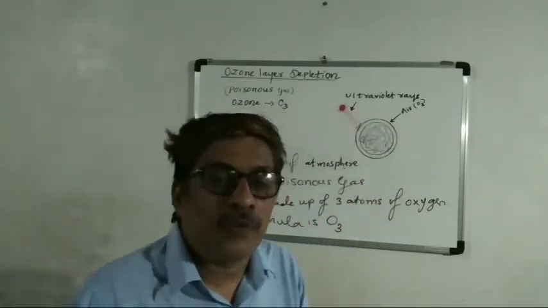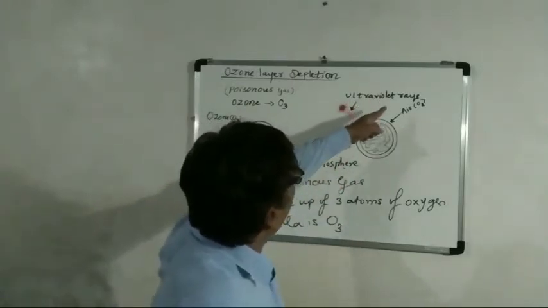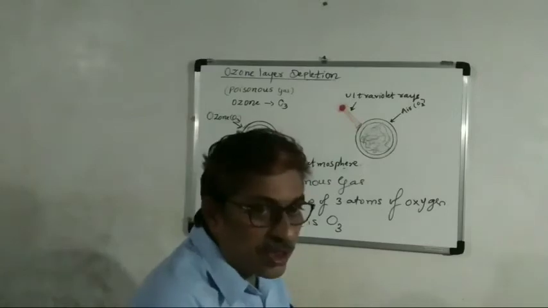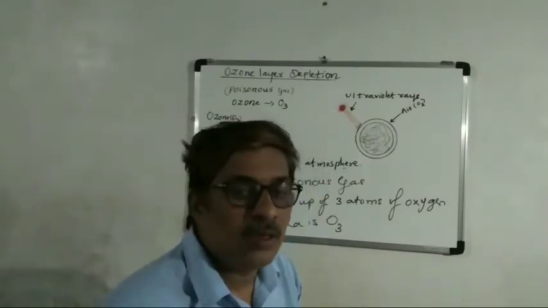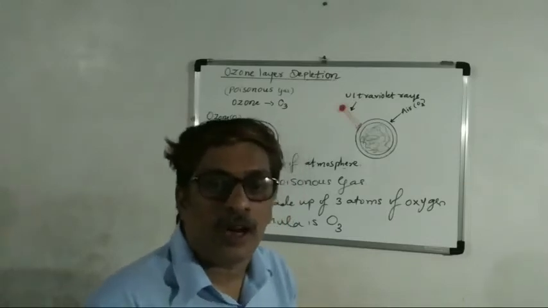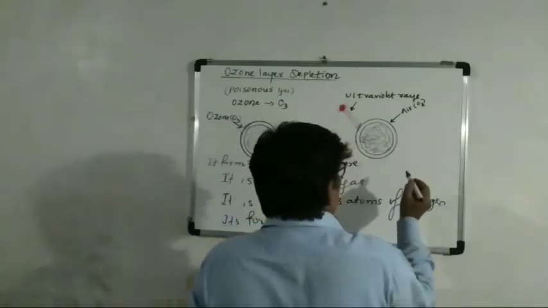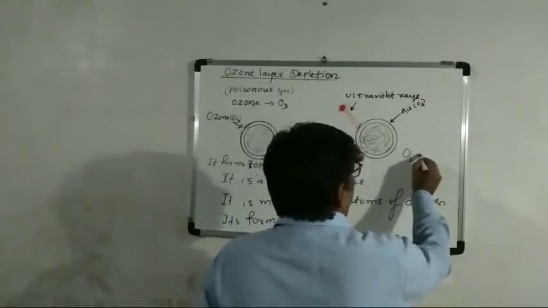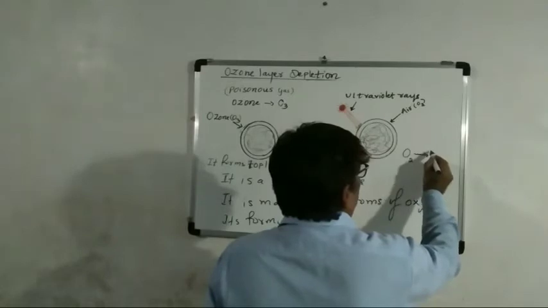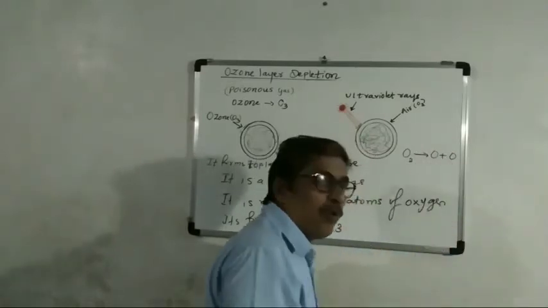In the presence of ultraviolet rays, oxygen splits into 2 separate atoms of oxygen.